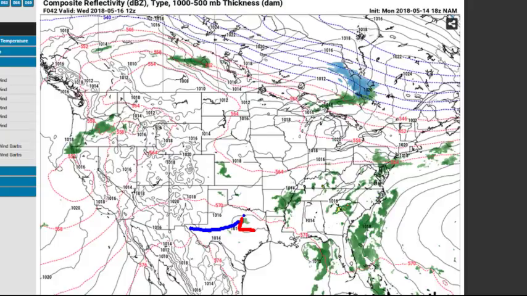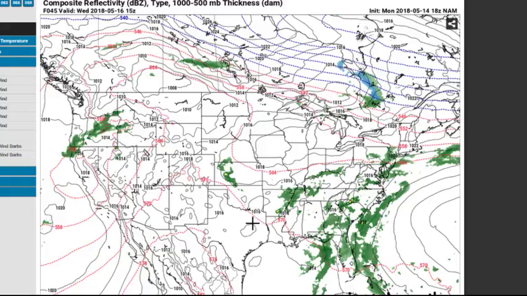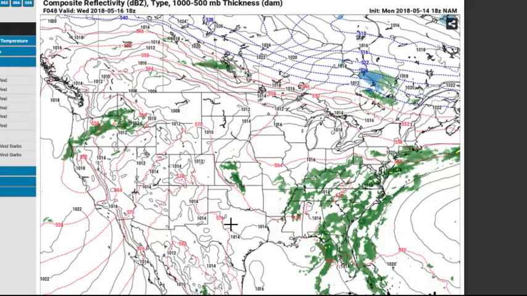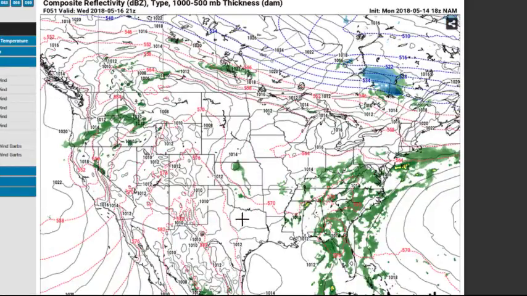So possibly we might have some sort of boundary, maybe coupled with outflow, possibly even further north. Looks like it'll be somewhere in the Red River or around Interstate 20 like it's showing. And then as we get heating going on, looks like very weak pressure gradient. Probably some of the better dynamics are going to be out west. And then by 18Z, pressure falls out west.